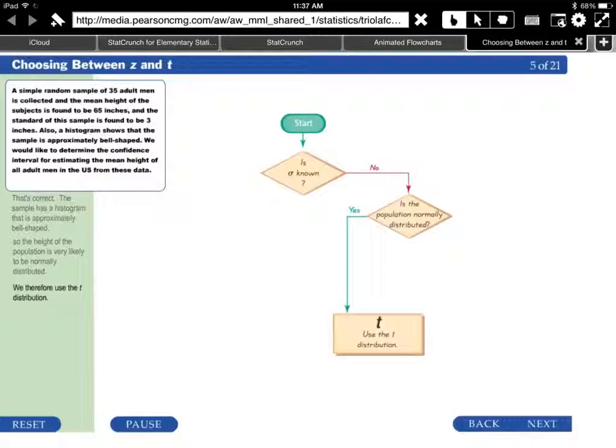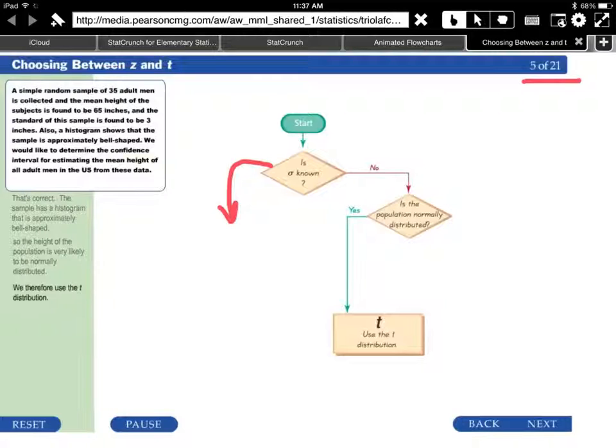Anyway, so go through the remaining slides there, and if sigma is known, you follow down this path, which could take you to using the standard normal distribution, or if the sample size is too small and the parent population isn't normally distributed, could end up being basically a dead end for us, because when it gets to the point where it says you're going to have to use bootstrapping methods or non-parametric methods, it's a dead end for us right now.